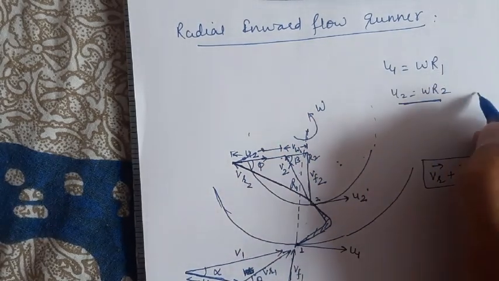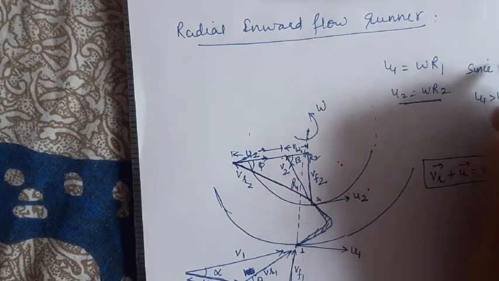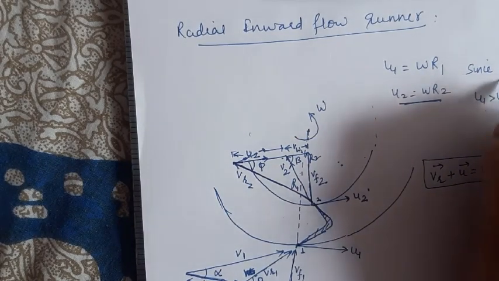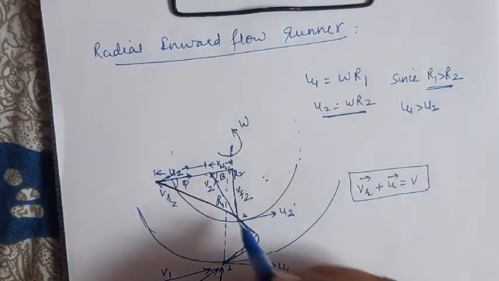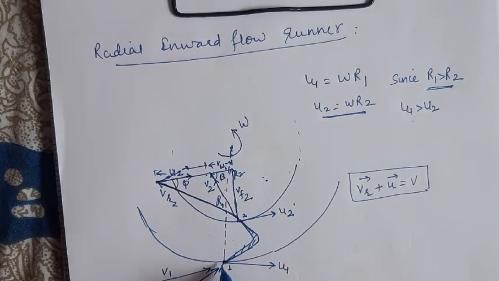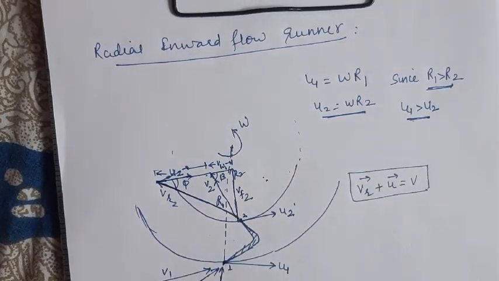And observe that u1 is more than u2 since r1 is more than r2. Since the water enters at the larger radius and leaves at the smaller radius, r1 is more than r2. Therefore, u1 is more than u2.